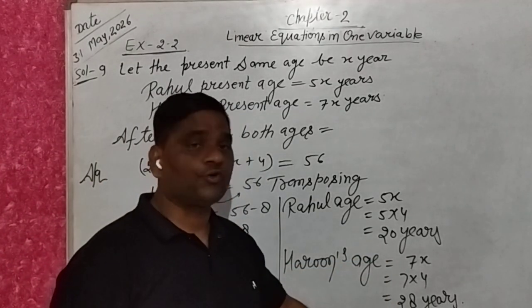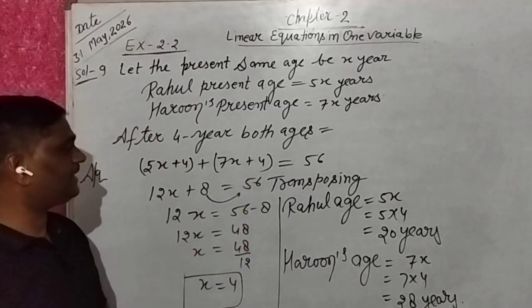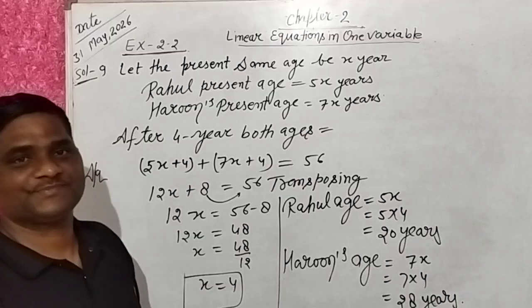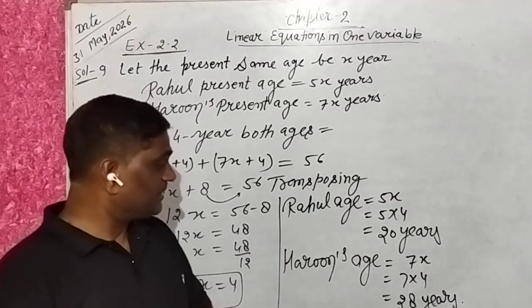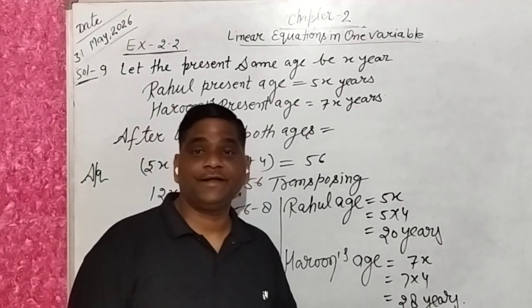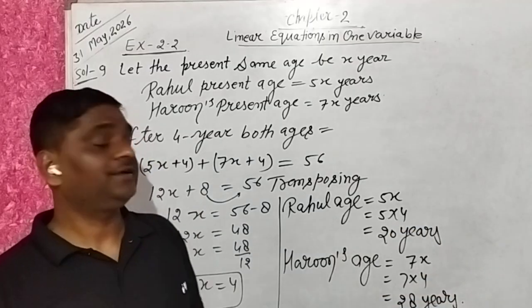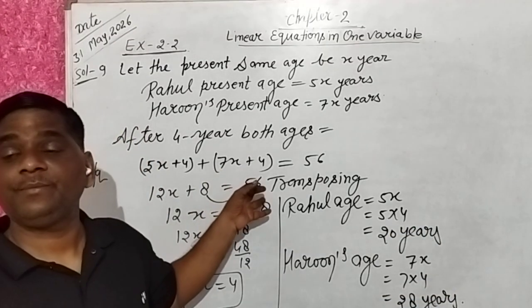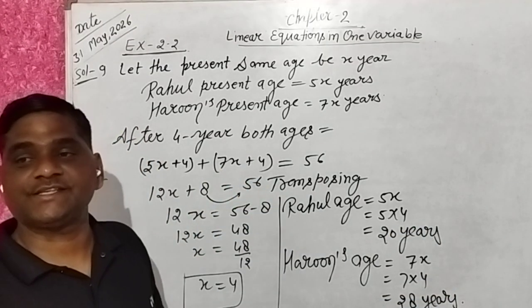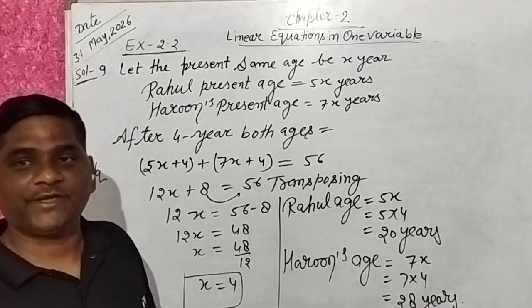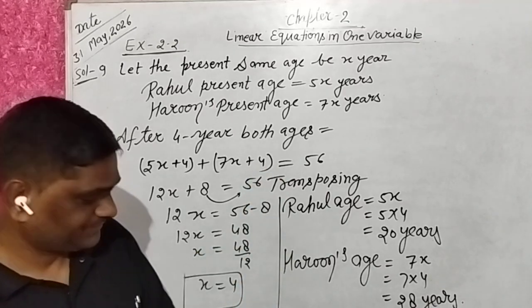When you add, 48 plus 8 is equal to 56. Okay guys, the present sum is 48 and after 4 years they became 56. Okay, yes, write down.